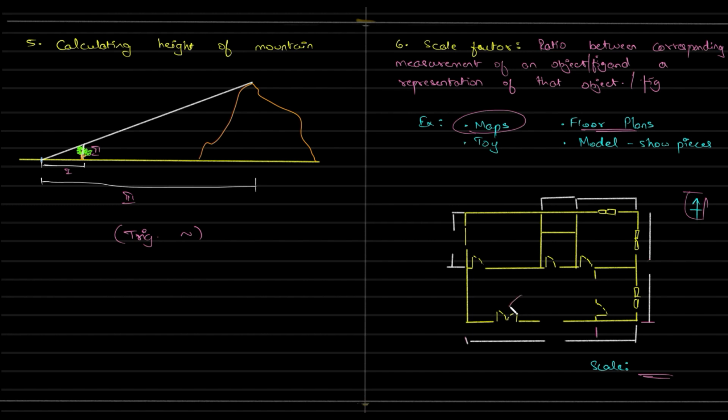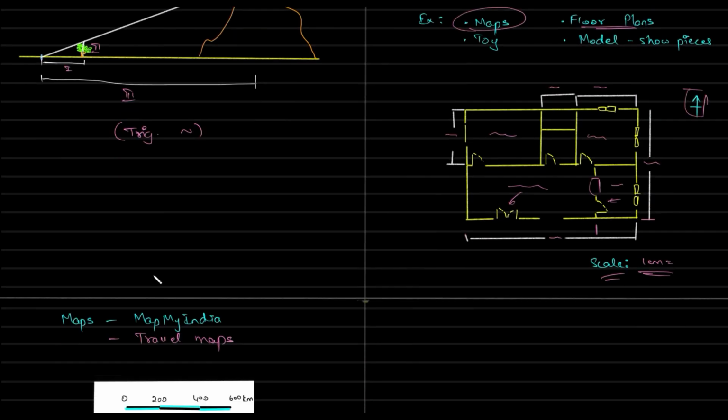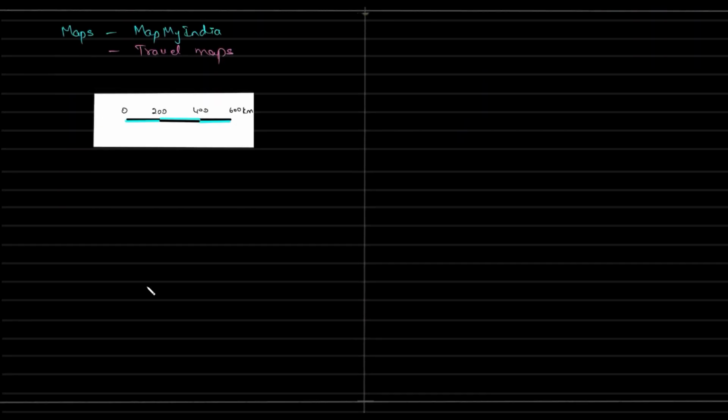Basically, these are doors which open in a particular way, and this is a sink and stuff like that. The civil engineers depict it in something like this. Here they write the measurements. This room is what, this room is what, this is what. They mention all of this, and they mention the measurements as well. And also they tell, okay, this 1 centimeter is so much of feet. So that scale they measure. And this idea is done with the help of similarities.